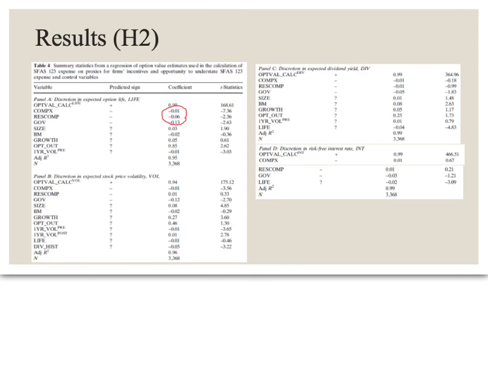And if you look at panel B, we see 2 negative signs. And if you look at panel C, the coefficients are all negative. 3 coefficients on COMPLEX, RESCOM, and GOV are all negative. This means that firms use dividend yield to understate option value estimates.